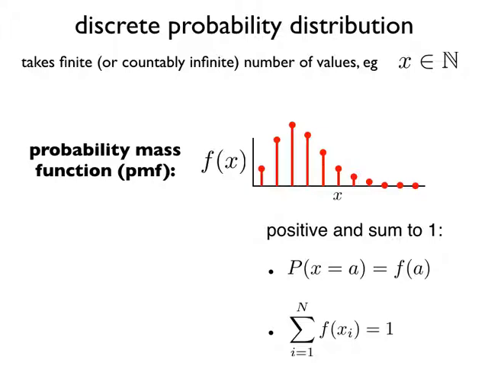So I would think of P of x, where x can take on 1 through 6, as all having equal values. That's the probability distribution for a dice roll where we know everything about the model, so I don't need to infer any parameters.